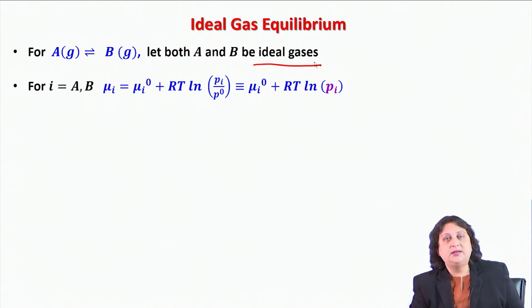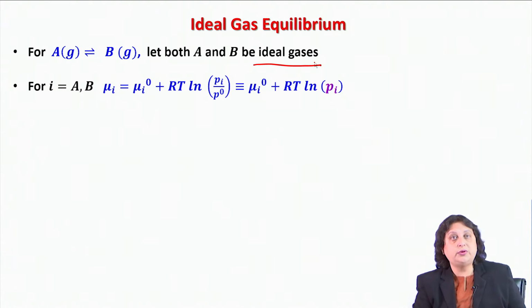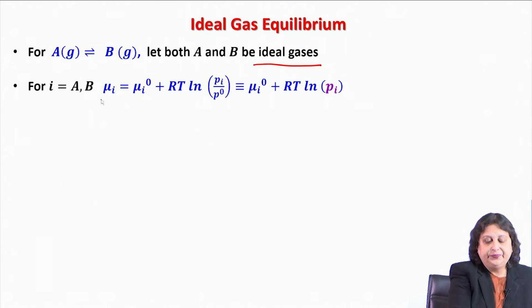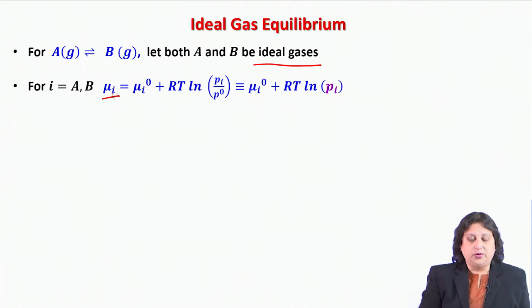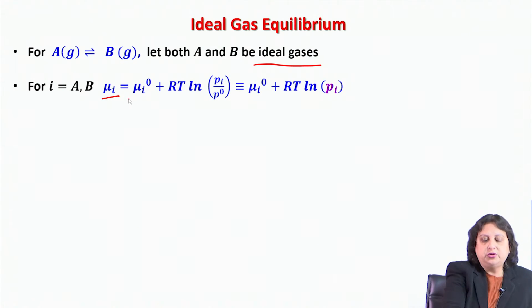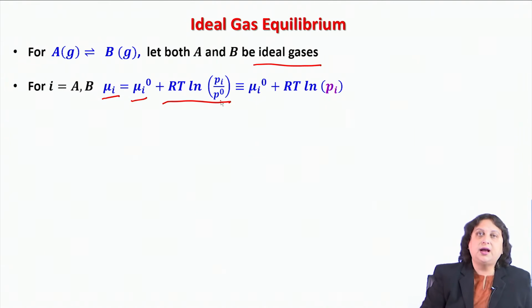Now, for this mixture, can I write down the chemical potential of the ith component, where i can be either A or B? The answer is yes. I know how to write down mu i for either A or B, and that is going to be equal to mu i naught plus RT ln P i by P naught.